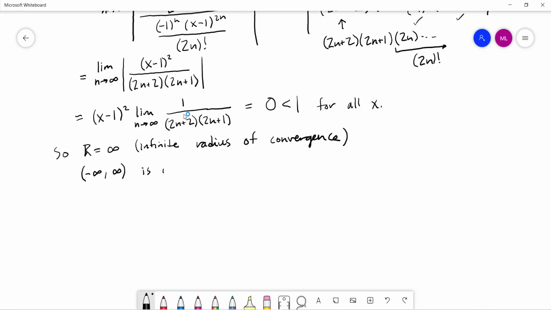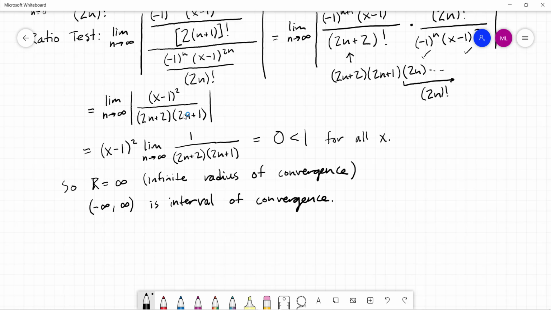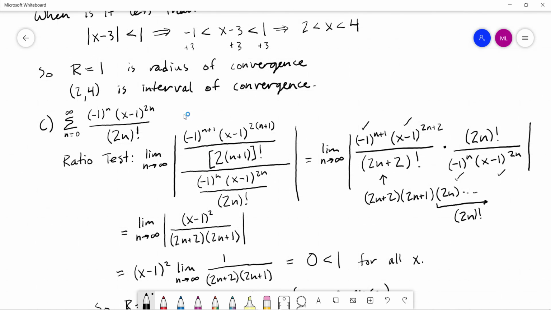Is the interval of convergence. And I, again, probably could have suspected that looking at this thing and just thinking in general, what's the behavior, right? Really, the behavior is going to, in some cases, depend on what x is.